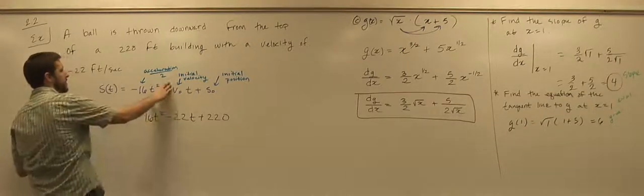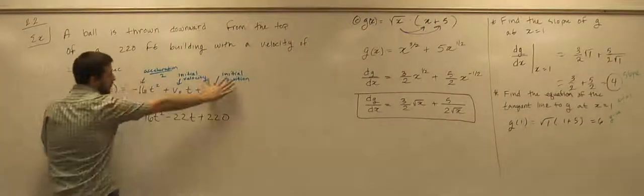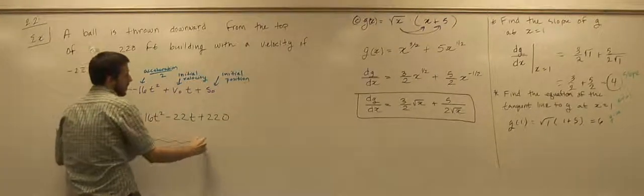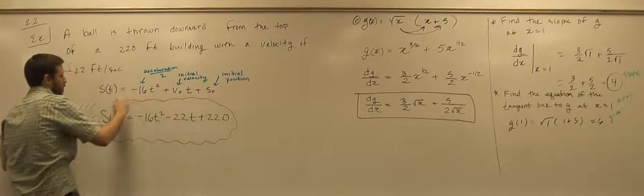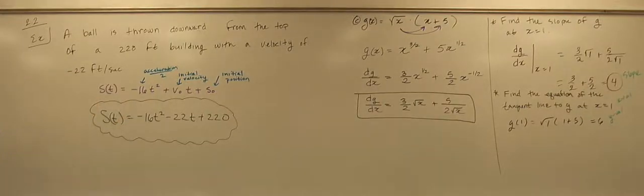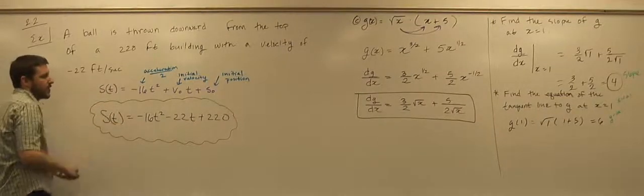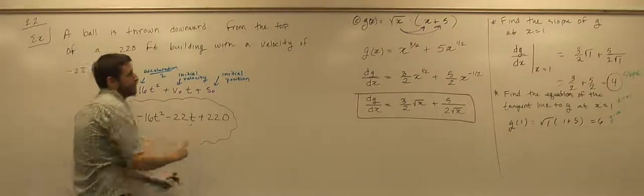So this comes from this physics formula. For the most part, ignore this and focus on this, since I'll probably give it to you. All the questions from here on have to do with this position function, where S is how high the ball is off the ground at any time t.